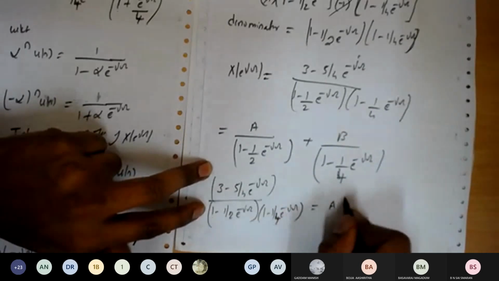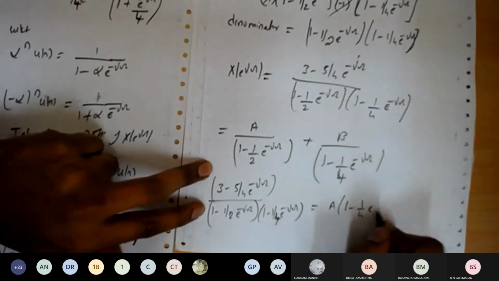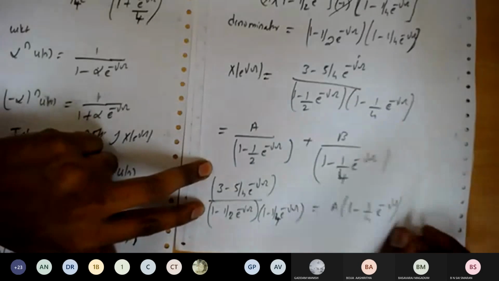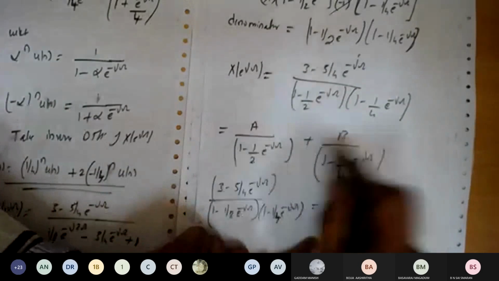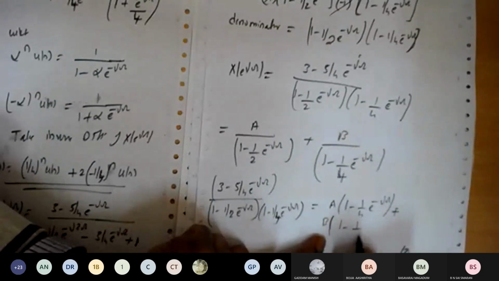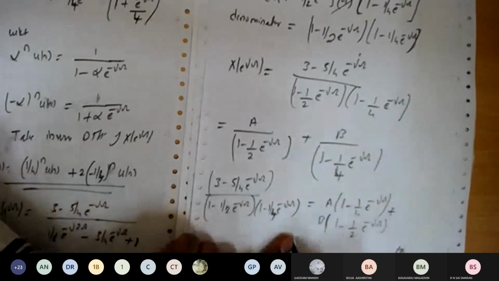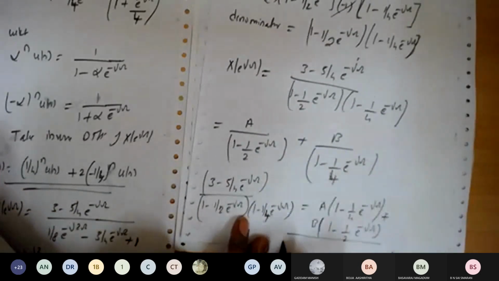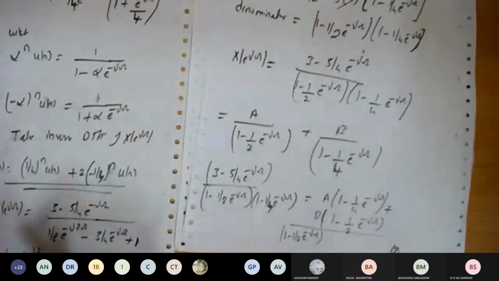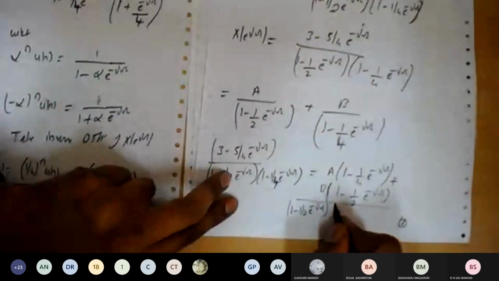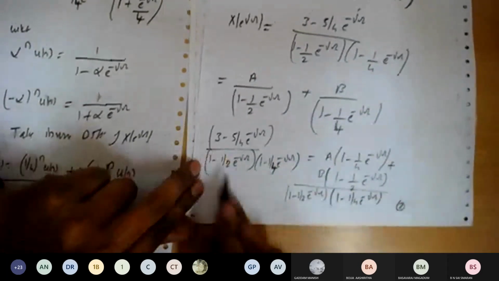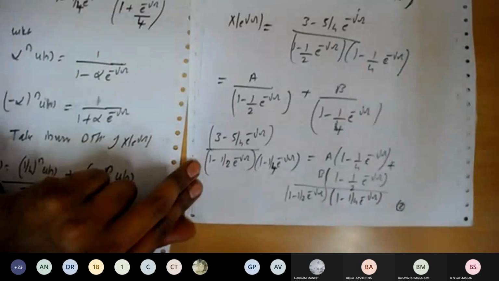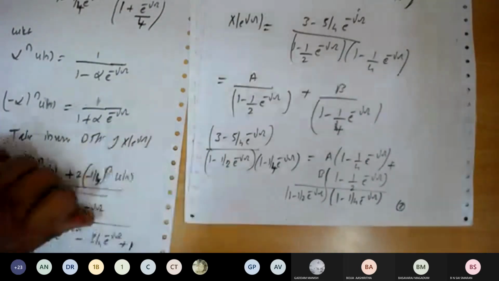This is equal to A into 1 minus 1 by 4 e to the power of minus j omega, plus B into, for B we multiply by 1 minus 1 by 2 e to the power of minus j omega, whole thing divided by the LCM, the product 1 minus 1 by 2 e to the power of minus j omega into 1 minus 1 by 4 e to the power of minus j omega. Now this denominator will get cancelled with this one, and we are left with only the numerator.